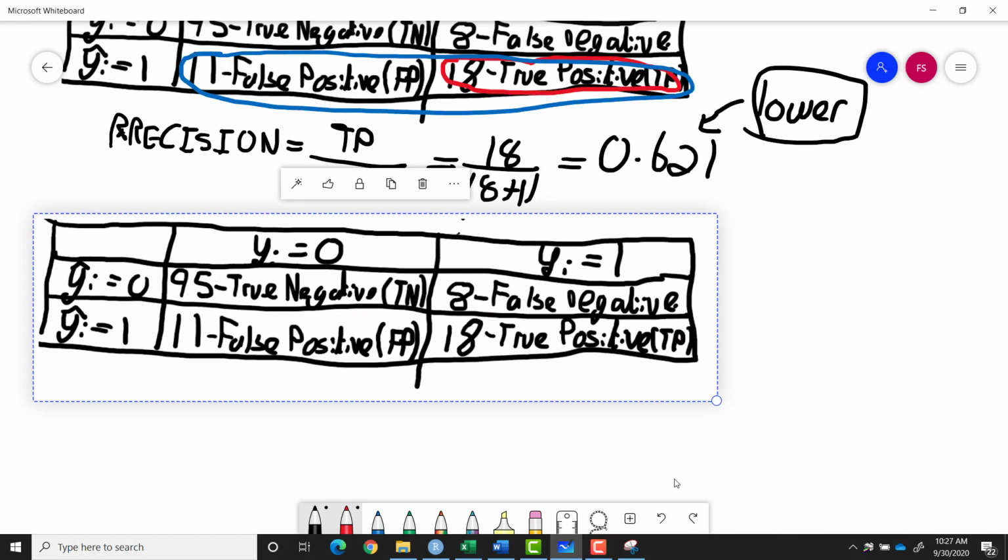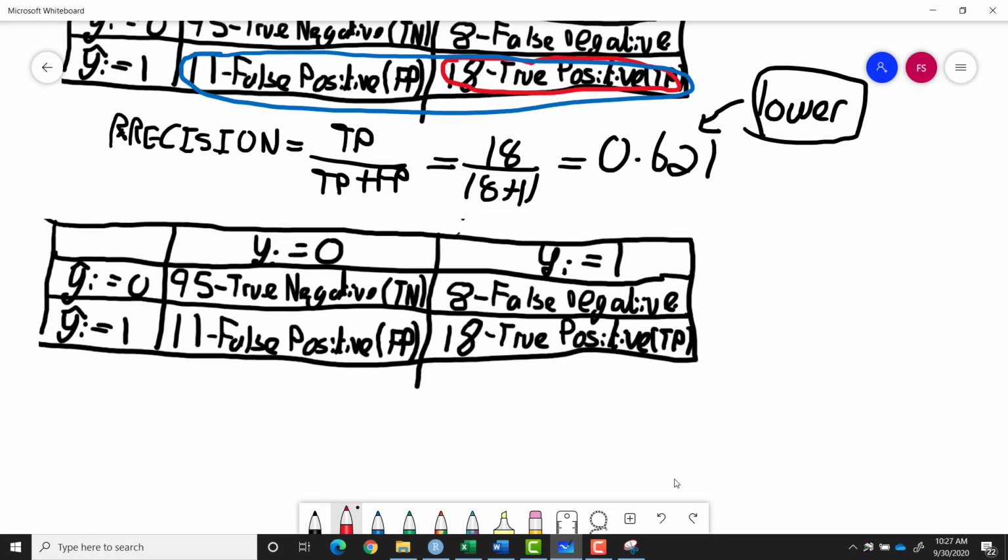Okay, and now we actually get to recall. We have our bankrupt company, and what I want to know is what's the chance of me actually classifying it correctly. So we have the true positives divided by the true positives plus the false negatives. The company is actually bankrupt. What's the chance that I predict that it's going to be bankrupt?